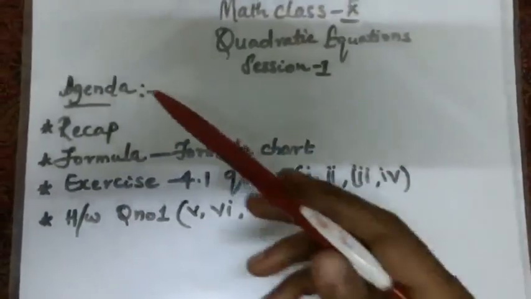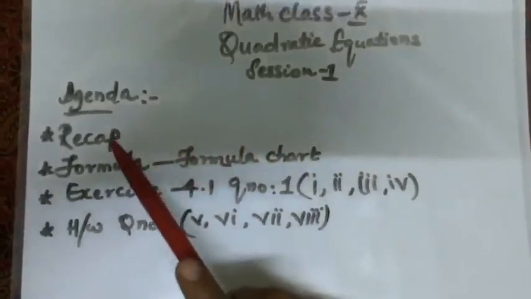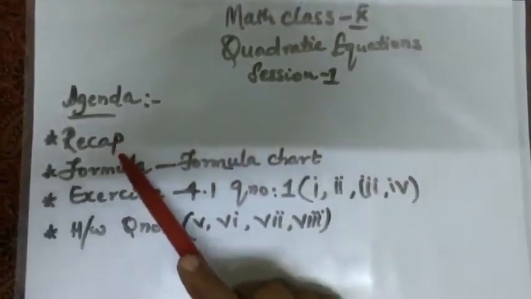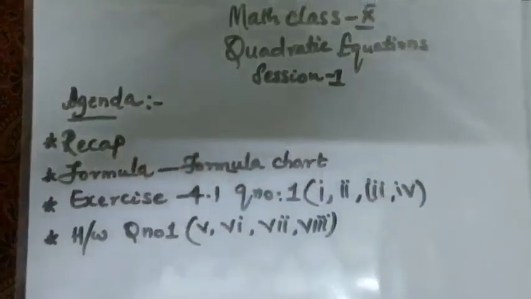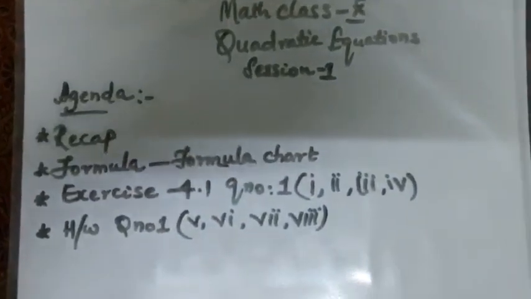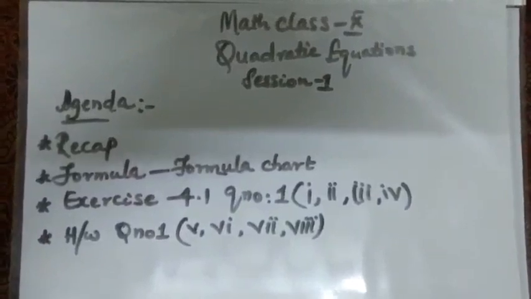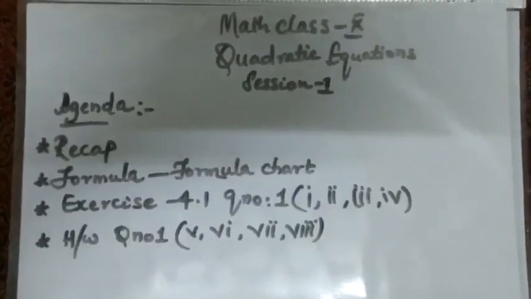So let's see the agenda for today. First we will do a small recap. In the recap we will first see the meaning of polynomial. It will be a little revision for you from your second chapter. After that we will see what we mean by a quadratic equation. This also we had already done.